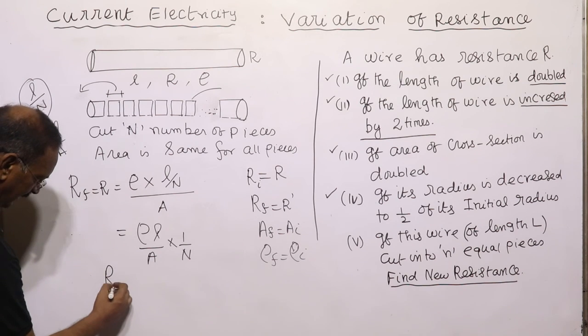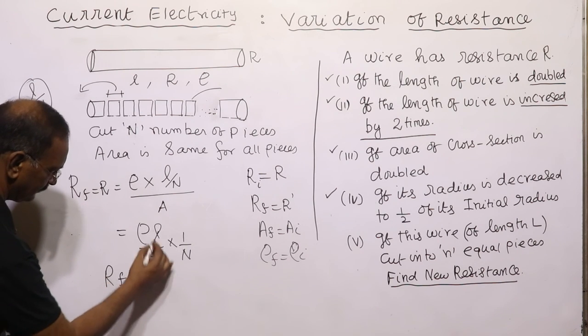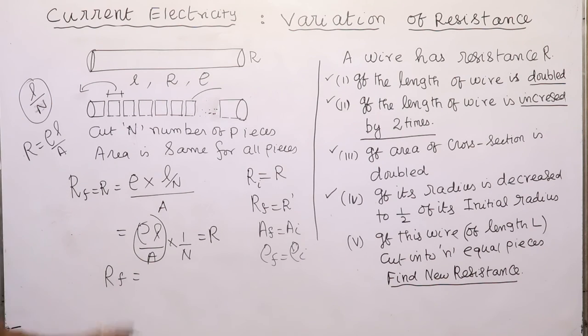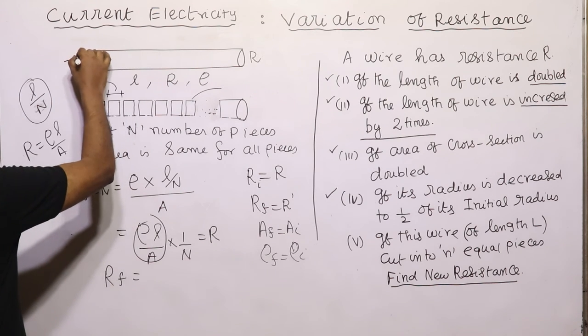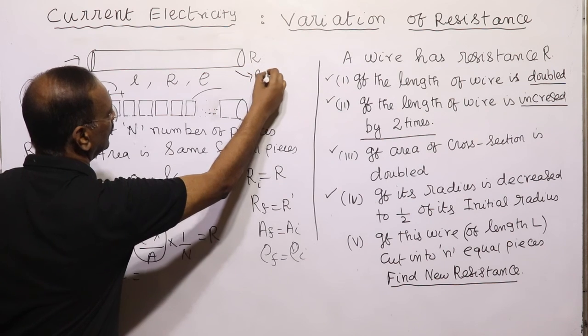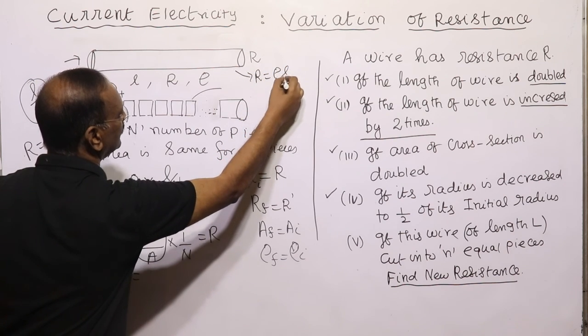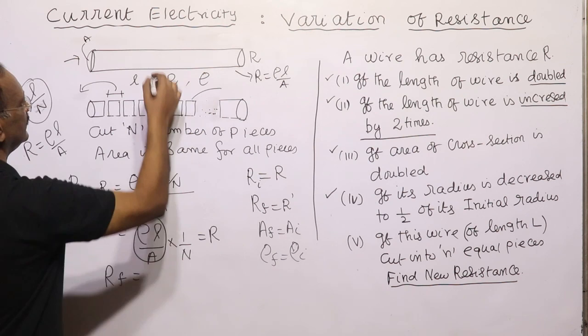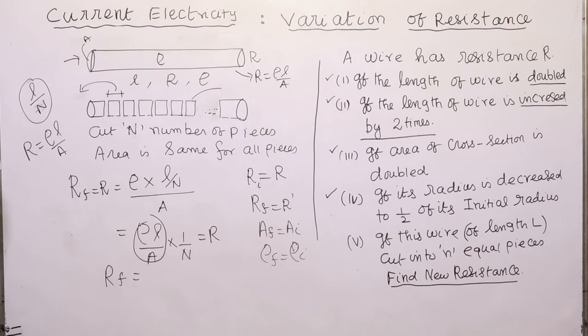So R final is equal to initial resistance times 1 by n. For the initial wire, the resistance is R equal to rho L by A, with area, length and resistivity rho, but resistivity does not vary.